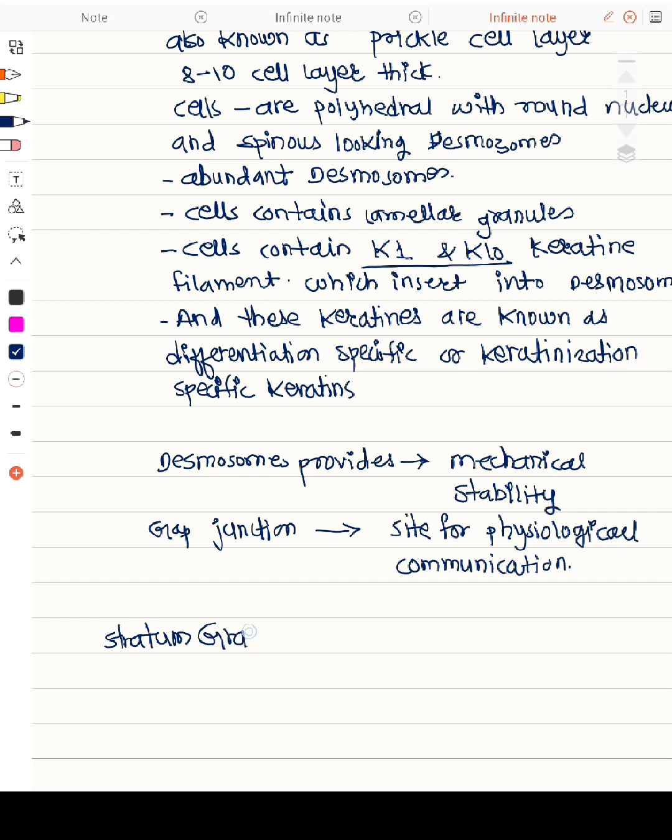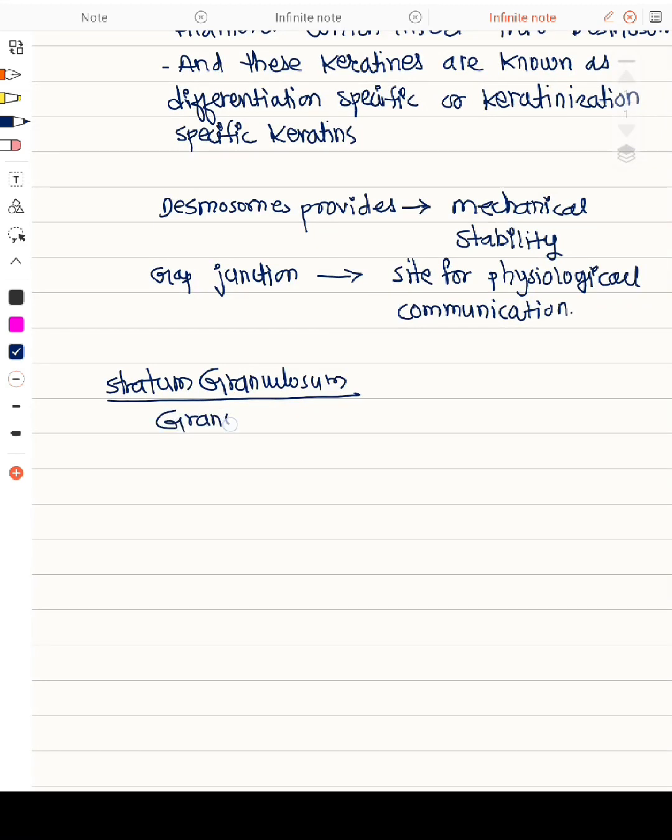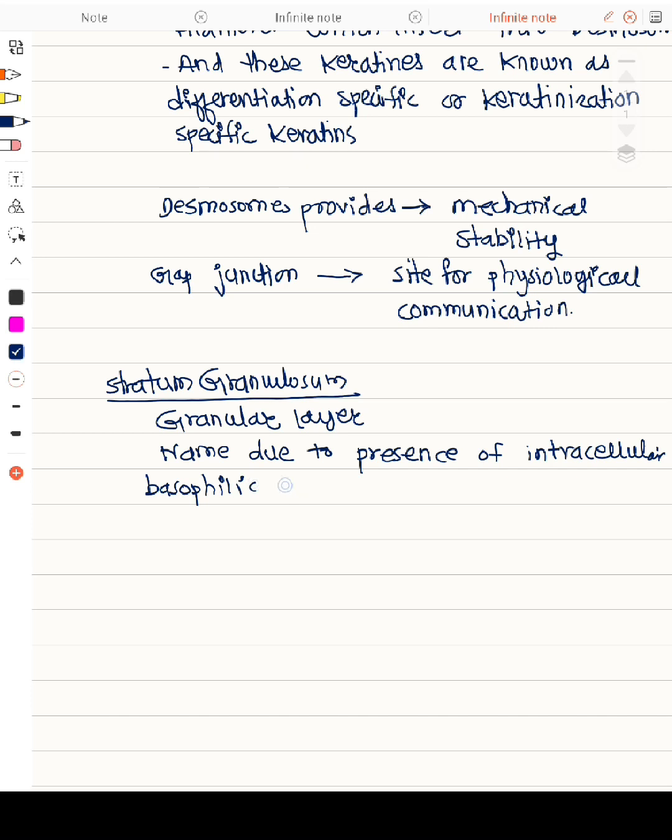Stratum granulosum is the granular cell layer. It is called the granular cell layer because of the presence of intracellular basophilic keratohyalin granules.